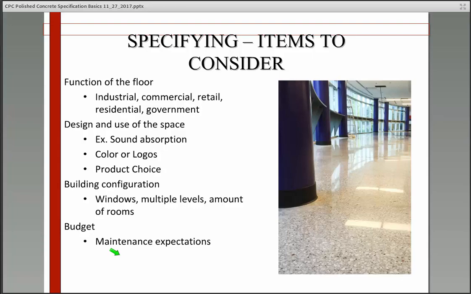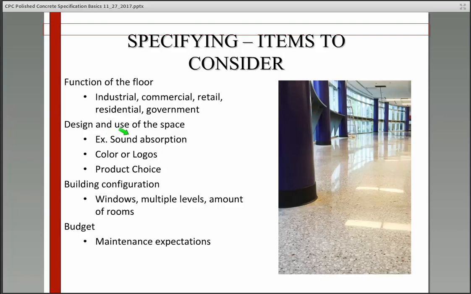However, with things like design, I'll use an example from early on. We designed a university, and the architect wanted to use polished concrete everywhere, in the hallways as well as in the classrooms. They did that, but what they didn't do is design for any sort of sound absorption.